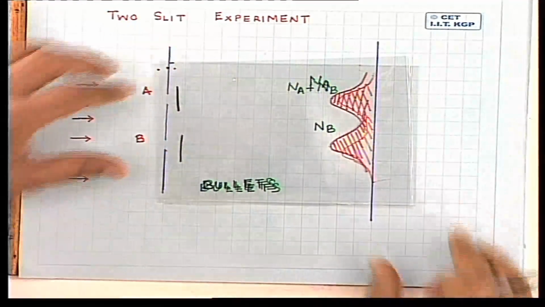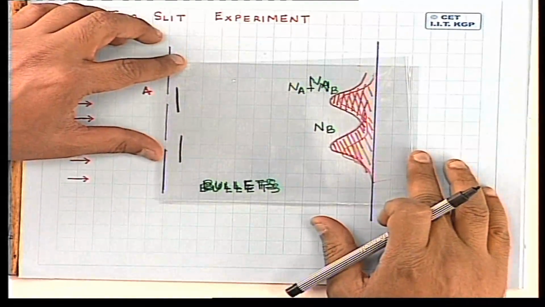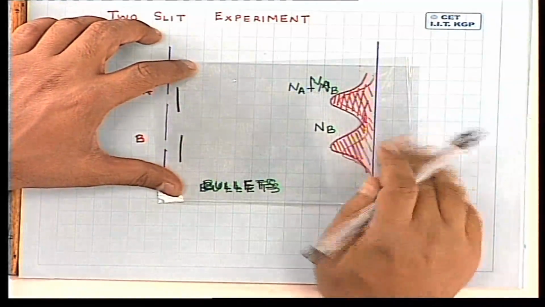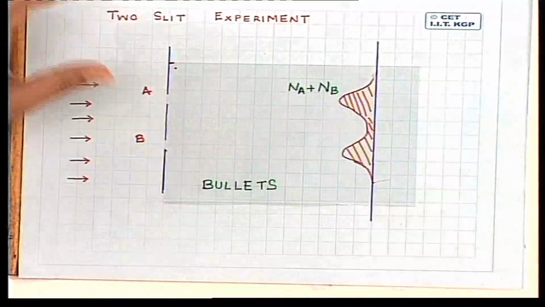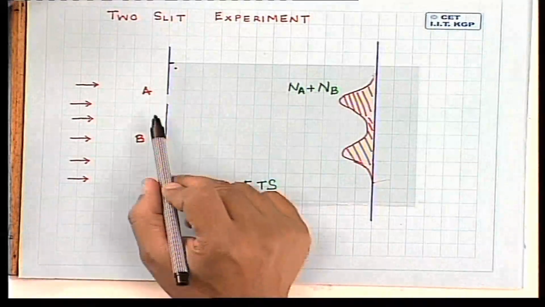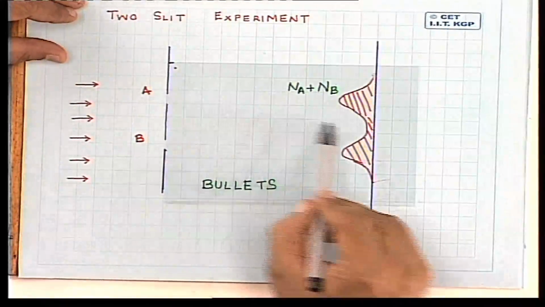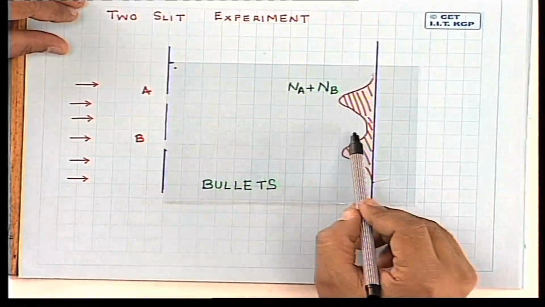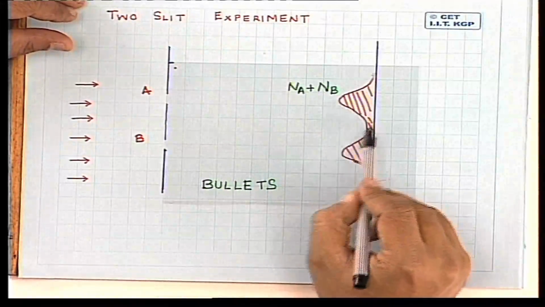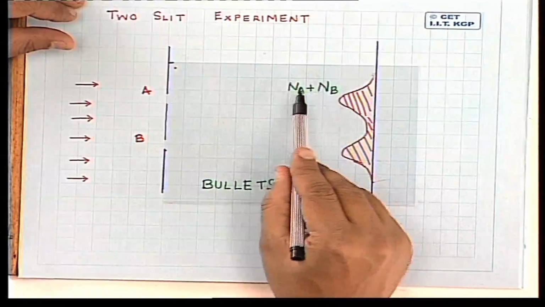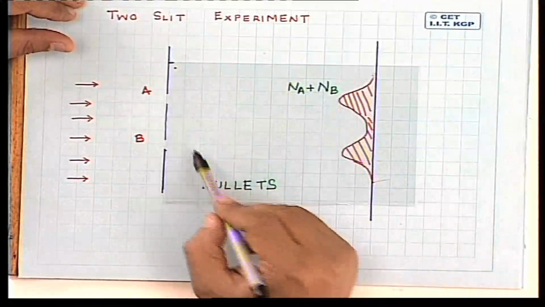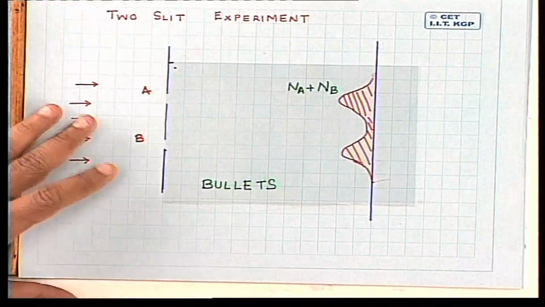So if you superpose all of these curves, you will see that the number of bullets in this region goes up because of the fact that both of these slits are open. Some bullets arrive through this and some bullets arrive through this, and the total number of bullets in this region just increases because of the two different possibilities which are now there.